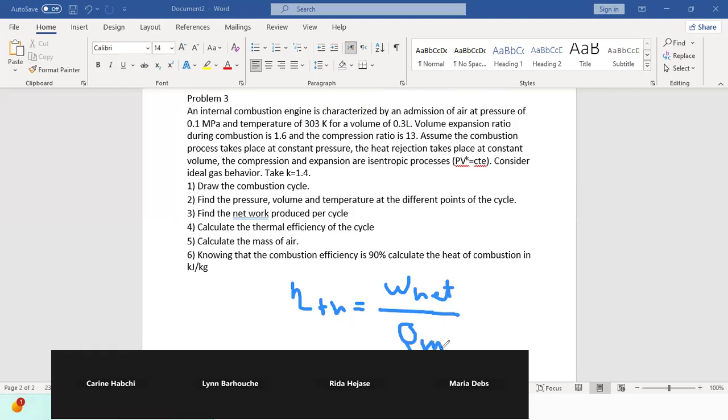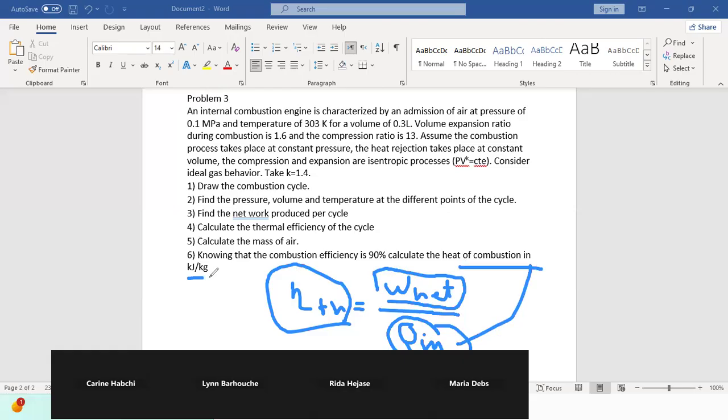So now you have already calculated the net work, and they asked you also to calculate the thermal efficiency, and you can do it. Once you calculate this, you'll be able to determine what your heat input is, and once you know your heat input, you can compare it with the heat of combustion.